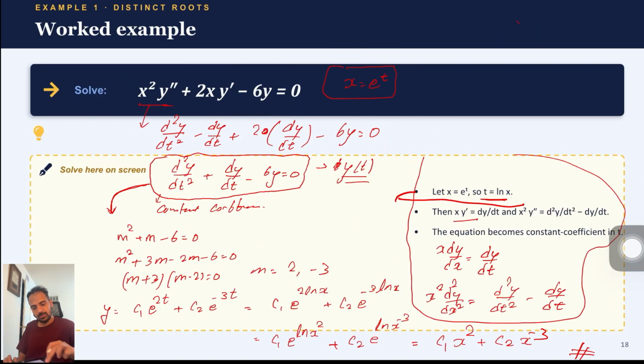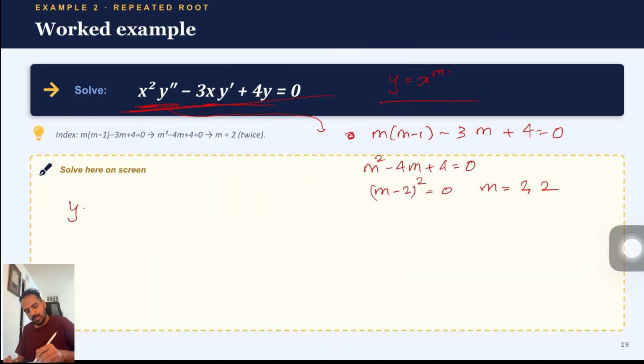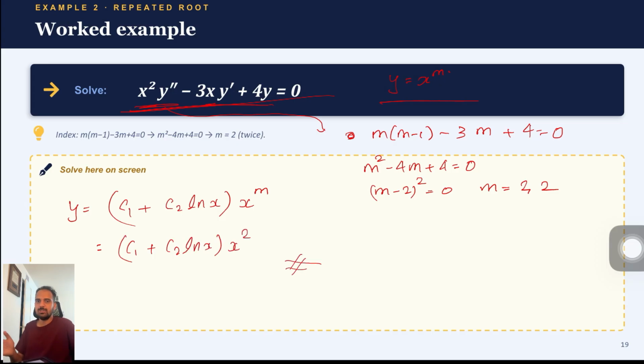That means your solution here will be y equals c1 plus c2 ln x, multiplied by x^m. Here m is 2, so x². That's it, very easy. Or you can just try by using the substitution method of the independent variable also.